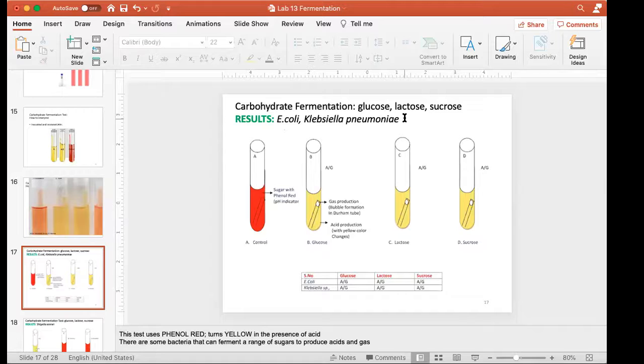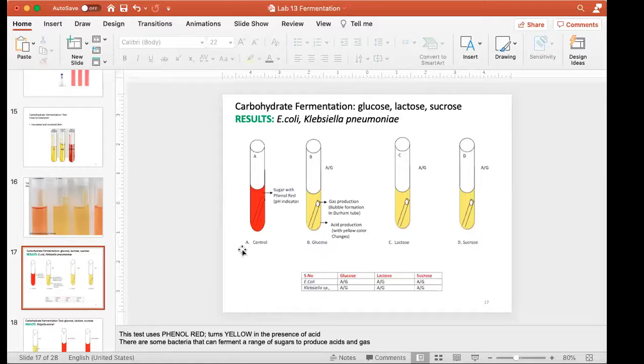I'll get to the Enterobacter, I promise. But for right now, we're just going to compare 2 of them, the E. coli and the Klebsiella. We're going to look at those 3 sugars in 3 separate tubes for each organism. So even though I'm only showing one set of tubes here, I ran one set of tubes for each organism.